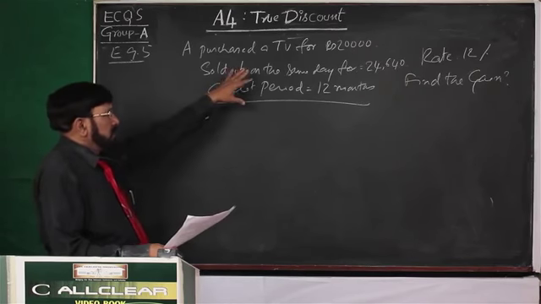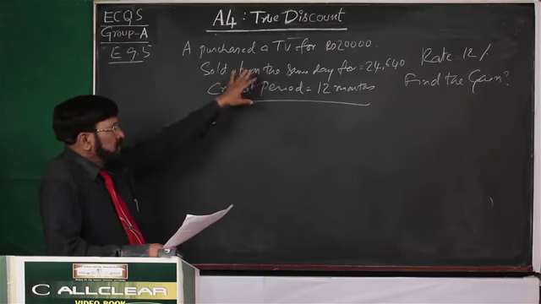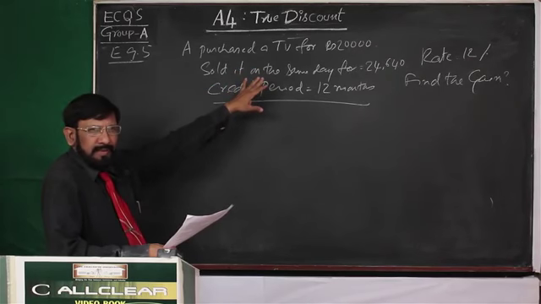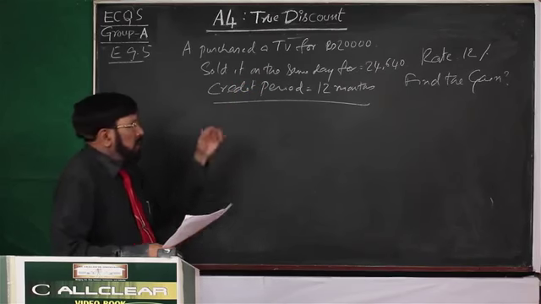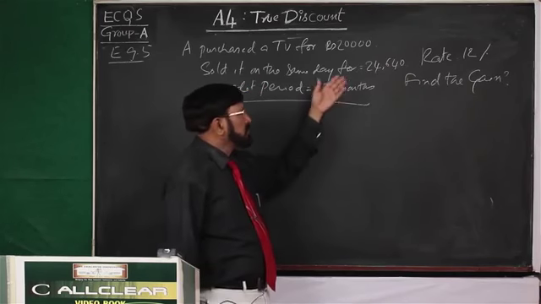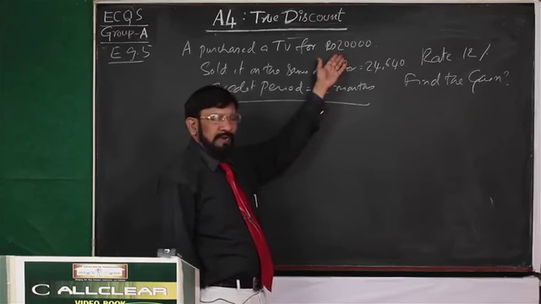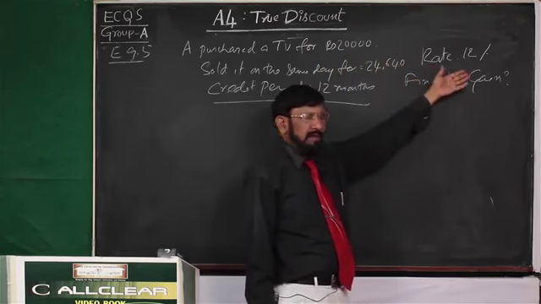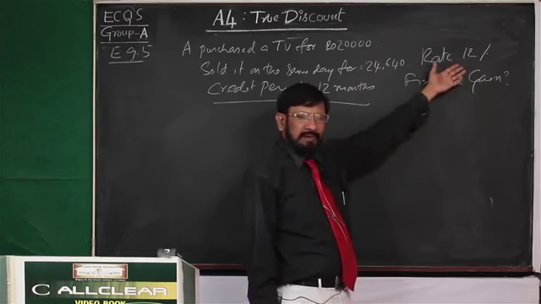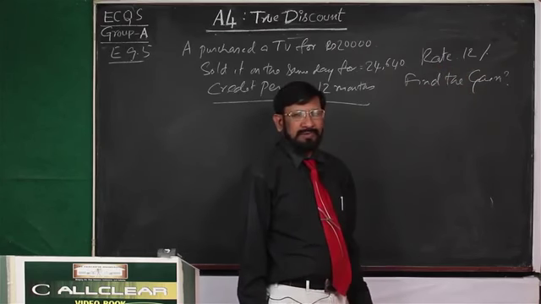Here A has taken up this transaction for the sake of earning profit. If he does not take this up, he can lend the 20,000 rupees to somebody and get a reasonable interest of 12%.